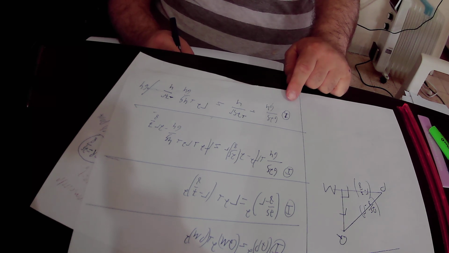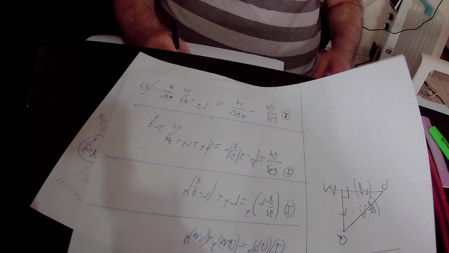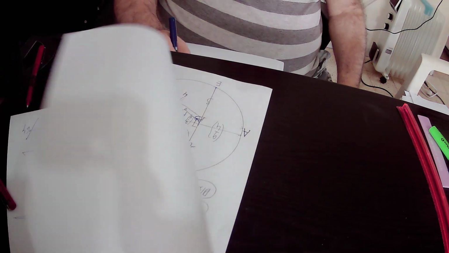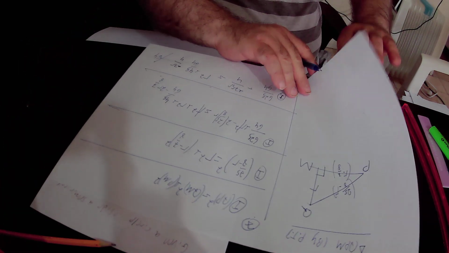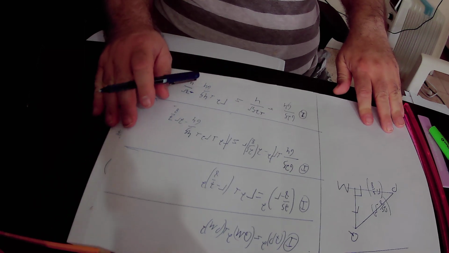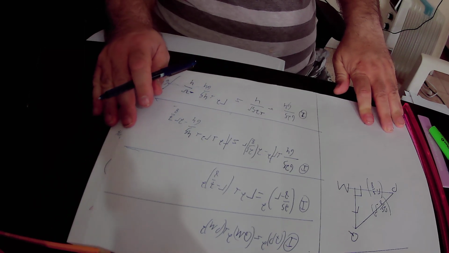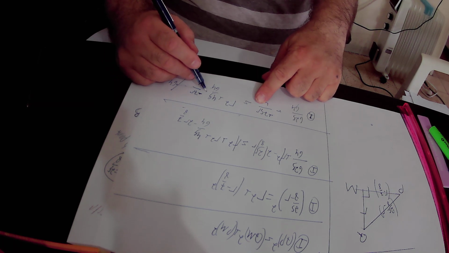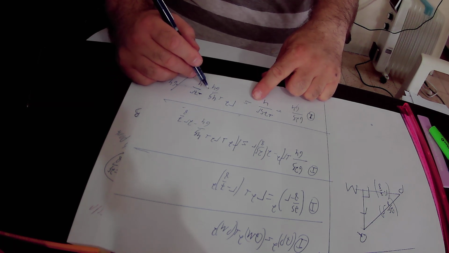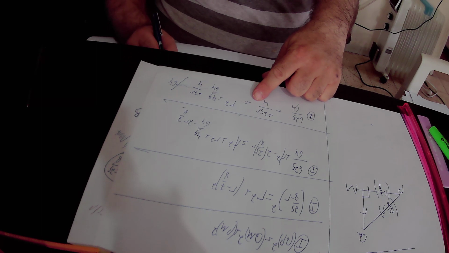R squared times 64 is 64r squared. 49 times 64 over 64 is 49.